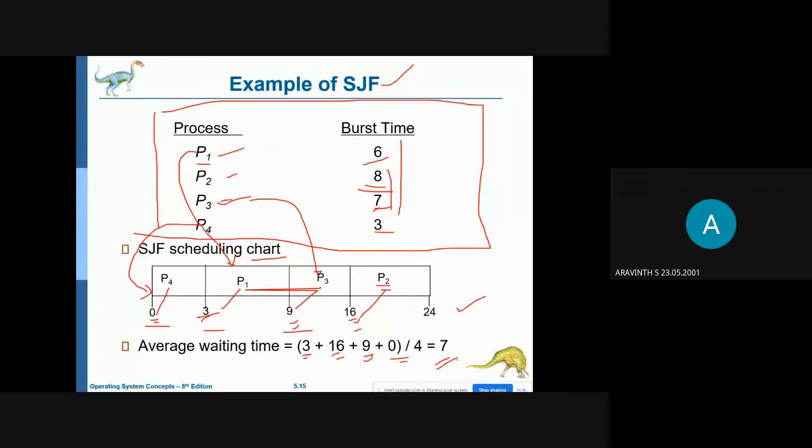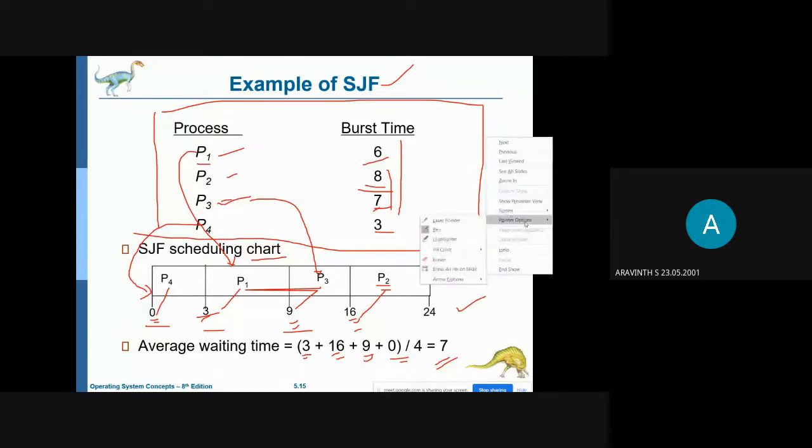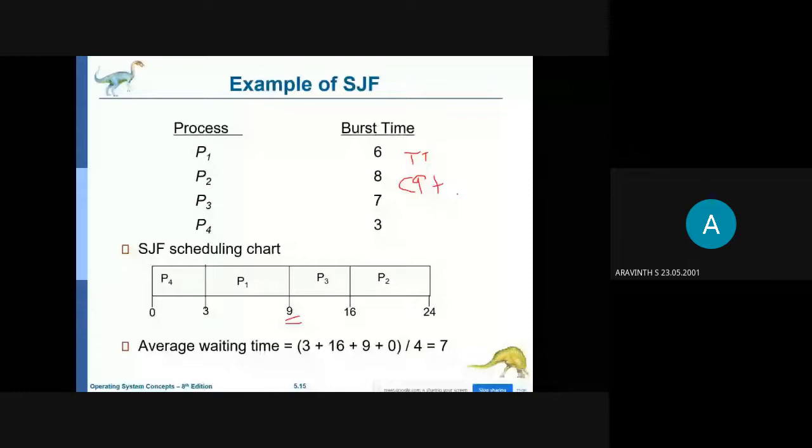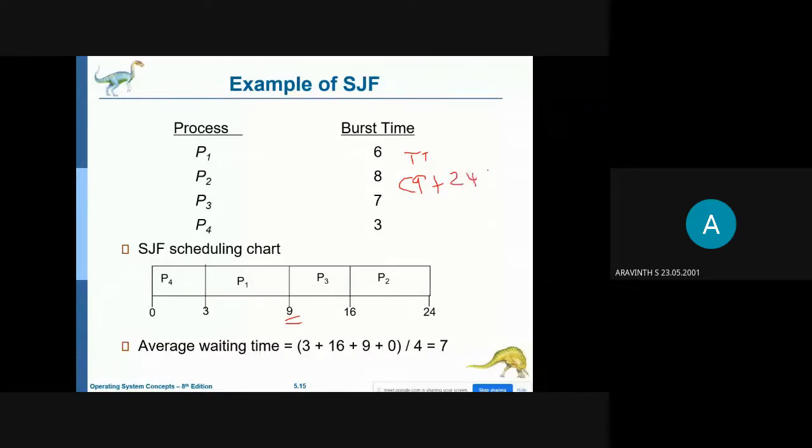Then for this we also need to identify the average turnaround time. So first we find the turnaround time.